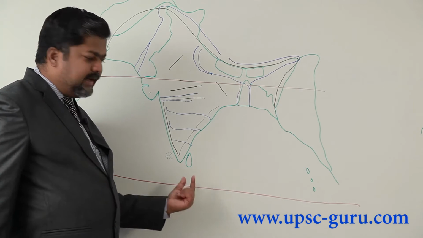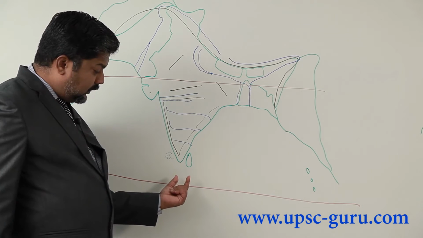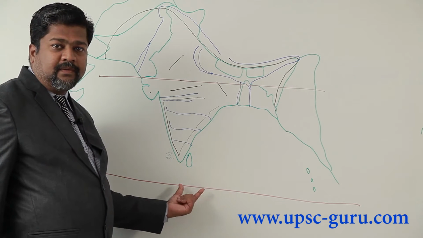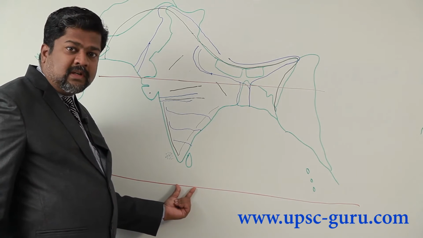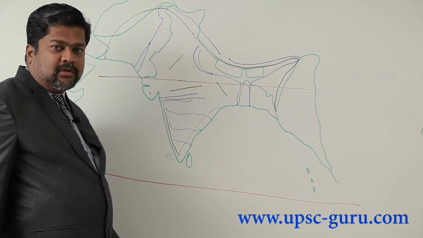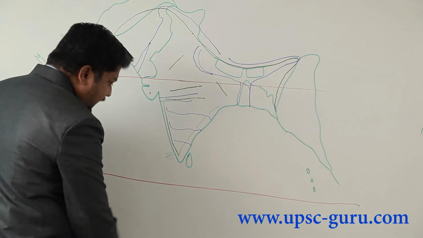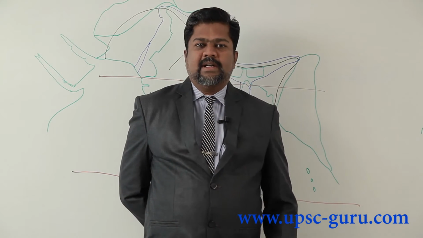Now you are aware that on 23rd of September the sun is on the equator. From 23rd of September onwards the sun will start moving towards the Tropic of Capricorn, which is 23.5 south, and it will reach there on 22nd December.